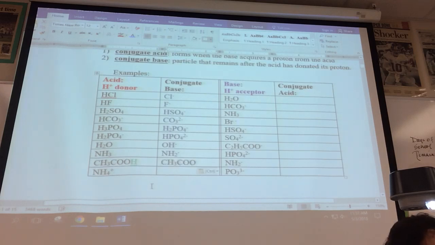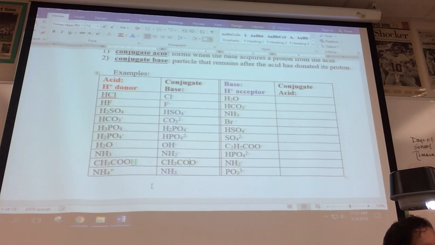So you're going to remove it, and you're left with a 1- charge. Ammonium ion is an acid. What would be its conjugate base? You got to take away one. You initially were positive, now you're neutral.